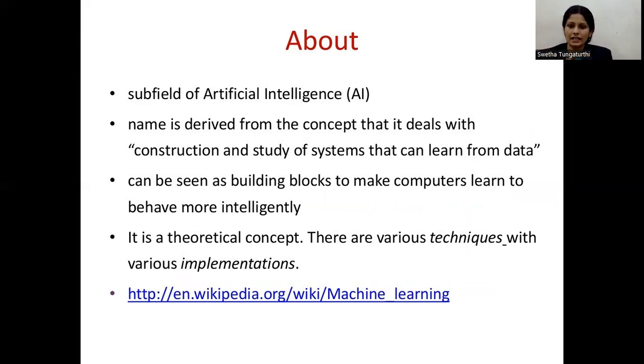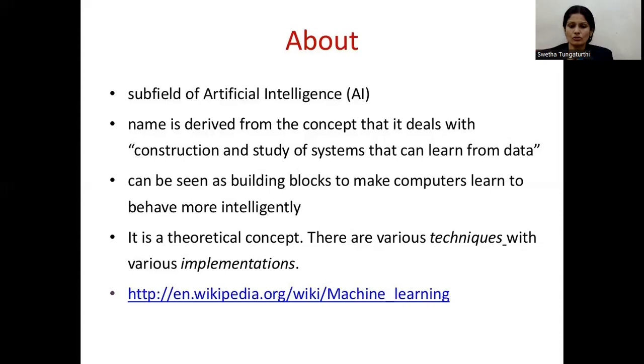But before that, the name machine learning is derived from the concept that it deals with the construction and study of systems that can learn from data. In most cases, there is a huge amount of raw data collected from real-life scenarios, and from that raw data, we need to make the data meaningful. So the construction and study of systems that can learn from data is one of the concepts from which machine learning has evolved, and it can be seen as a building block to make computers learn to behave more intelligently.